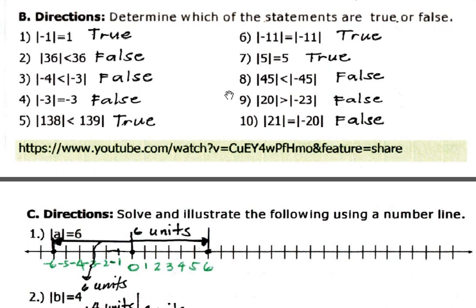Number 8, is 45 less than 45? False. How about 20, is it greater than 23? It's a false statement. Number 10, is 21 equal to 20? It's a false statement. That's all for letter B.